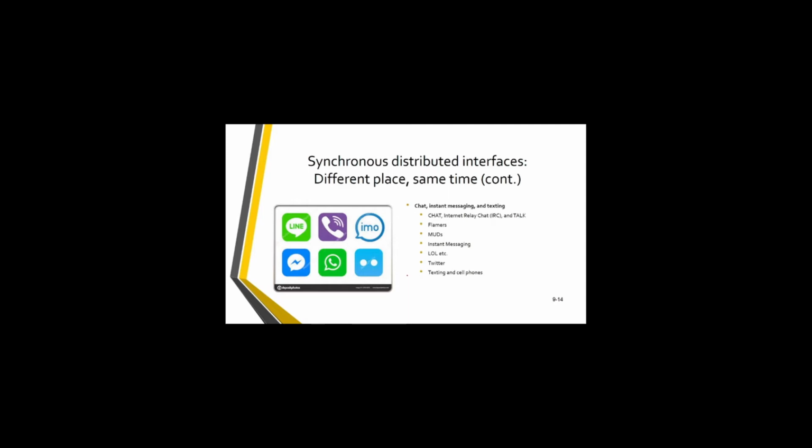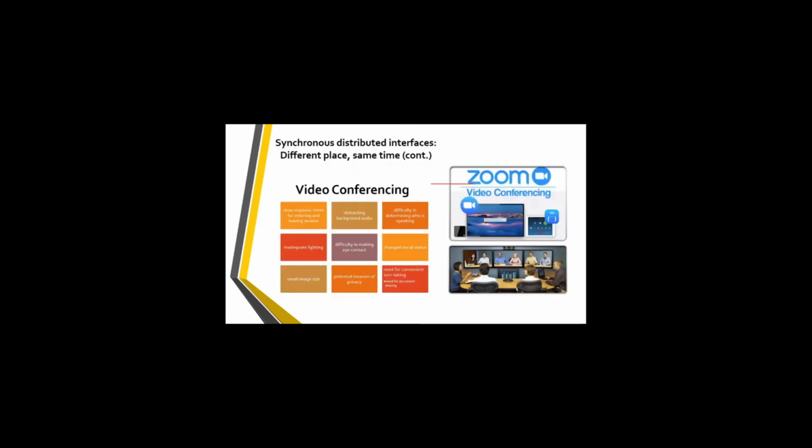Another common example of synchronous distributed interfaces is instant messaging applications and texting, for example WhatsApp, Twitter, Facebook Messenger, Line. So all these applications allow us to communicate instantly regardless of our locations and time differences.